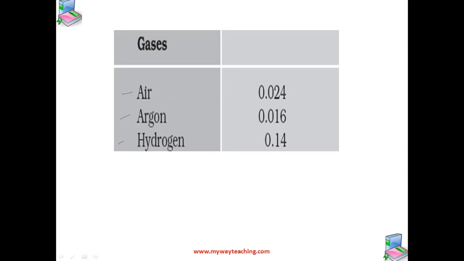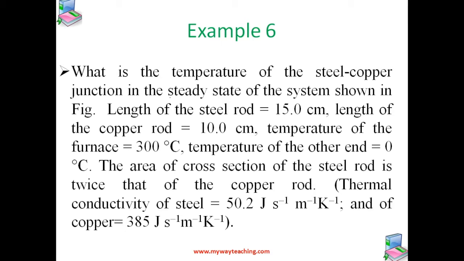Now let us see a very simple problem. The problem is, what is the temperature of the steel copper junction in the steady state of the system, which is shown in the figure, and they have given the length of the steel rod as 15 centimeter, length of the copper rod is 10 centimeter, temperature of the furnace is 300 degrees Celsius, and temperature of the other end is 0 degrees Celsius.